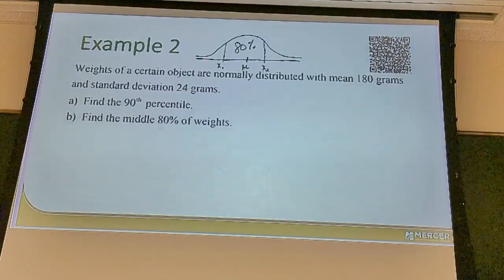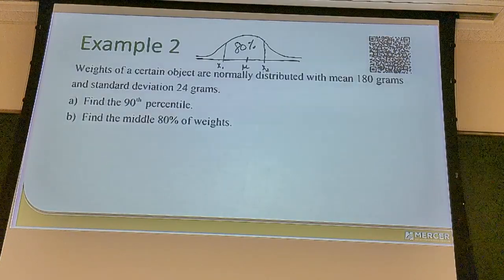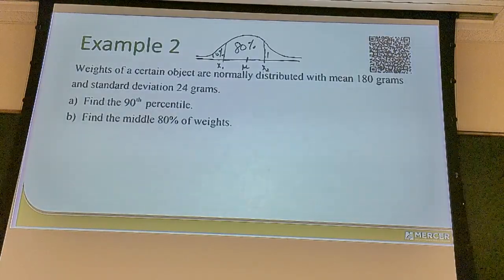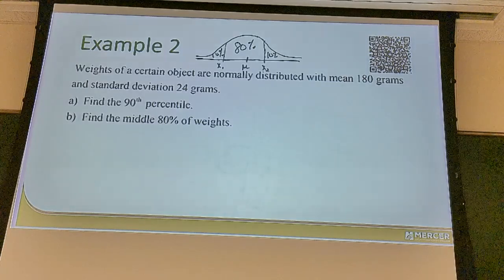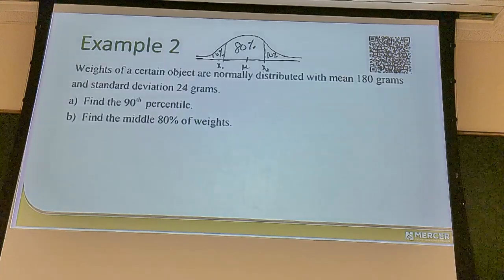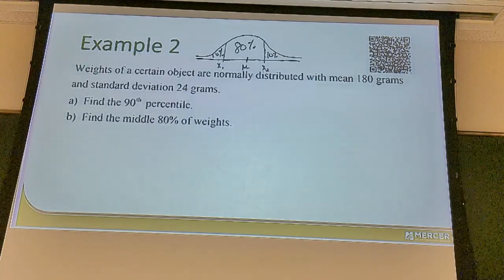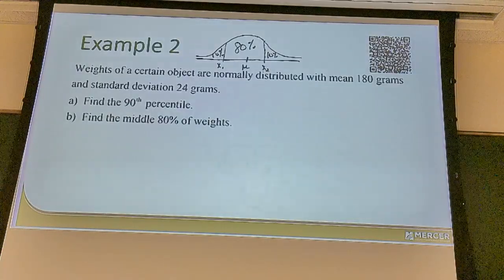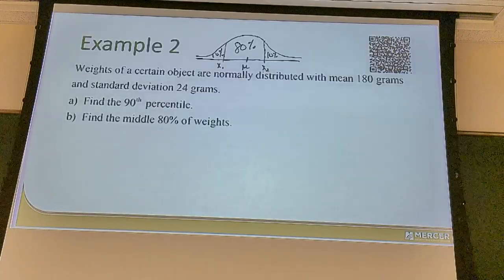The X1 and X2, where that middle part is 80%. But then what does that mean each tail is? Right, so it's 0.20 total. Why is it 0.10 in each one? Because of the symmetry, yeah.